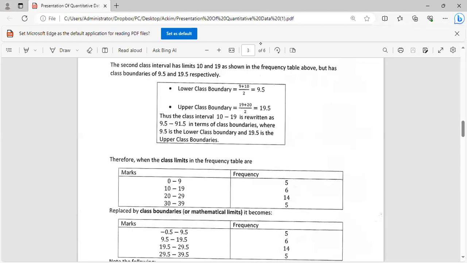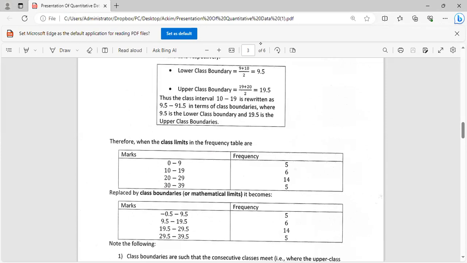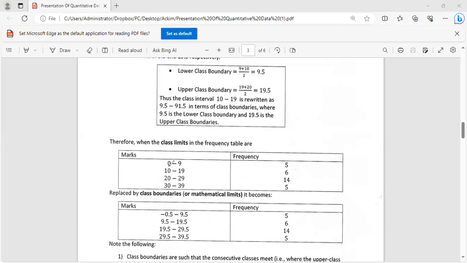For example, the way it is here, you have 0 and 9, you have 10, 19. There are two ways of doing it. What you can do is add 10 and 9, then find the average. That is what has been done here on top.